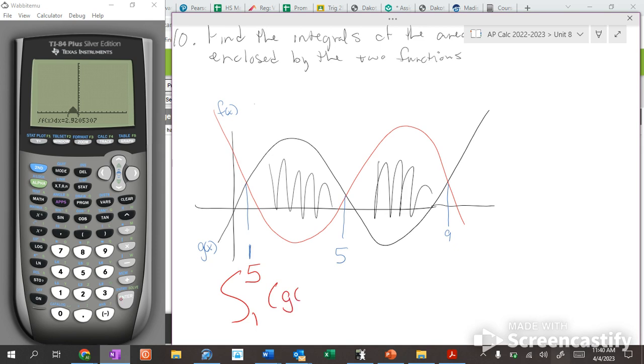G of x minus f of x dx plus the integral from 5 to 9 of f of x minus g of x dx. Because the rectangle's on top now. Yeah, top minus bottom.